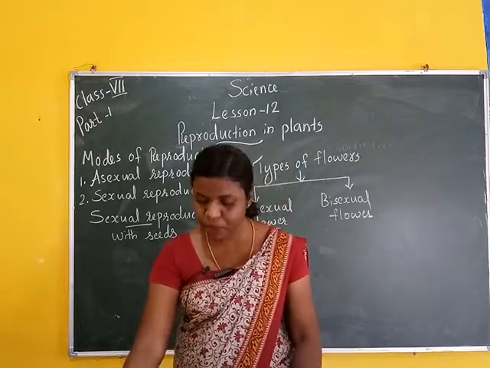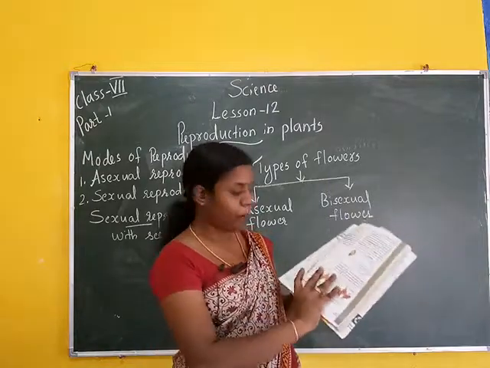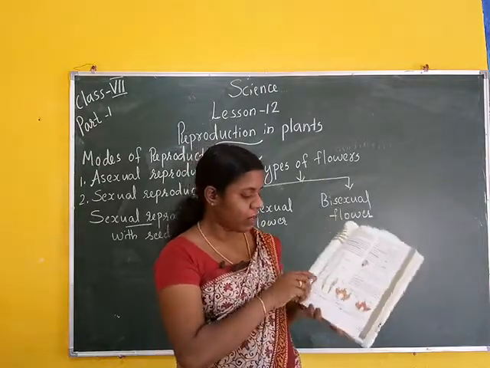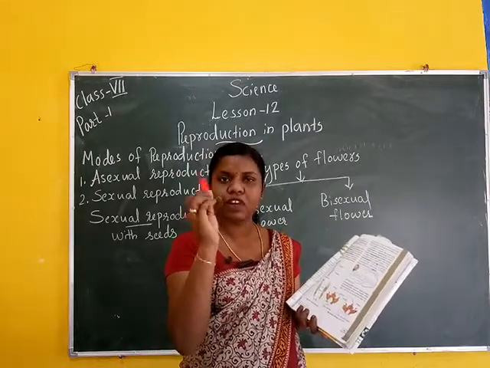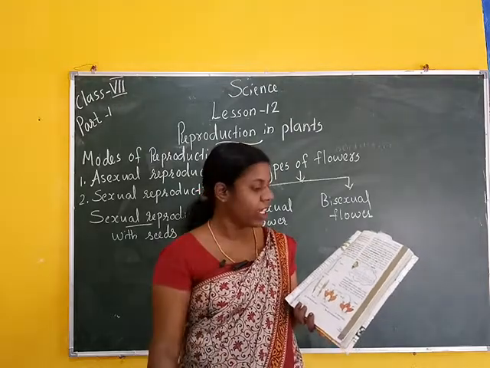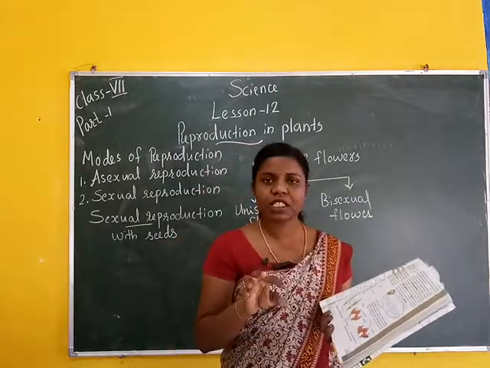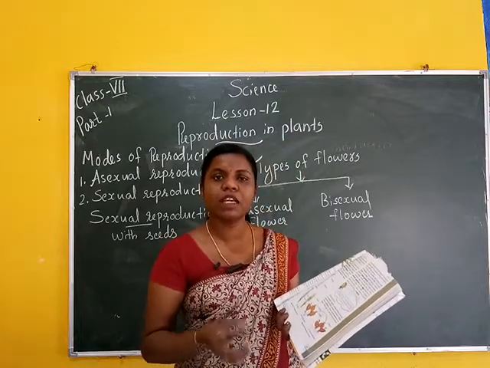In your textbook, page number 137, these are the parts of a flower. First we studied petals, the colored part of the flower, and sepals, the green leaf-like structure. Next is pistil, the female part, and stamen, the male part.